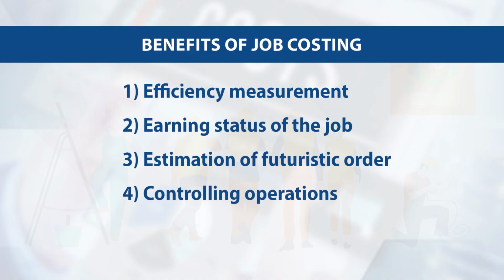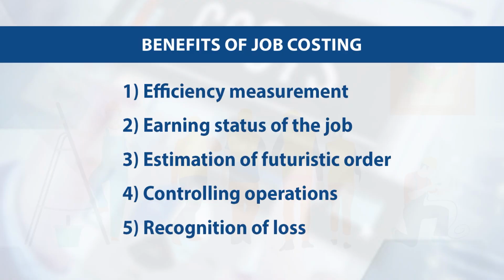Fourth, controlling operations. If job costing system is implemented in an organized manner, it works as a controlling operations activity by comparing the actual cost with the estimated cost. In case of adverse variances, immediate action can be taken and further loss is prevented.